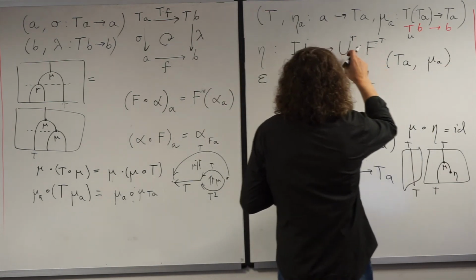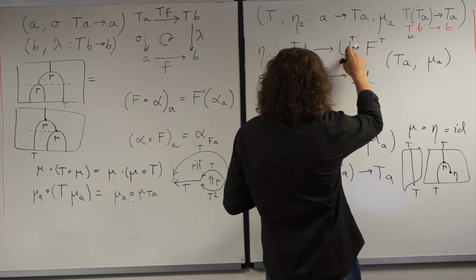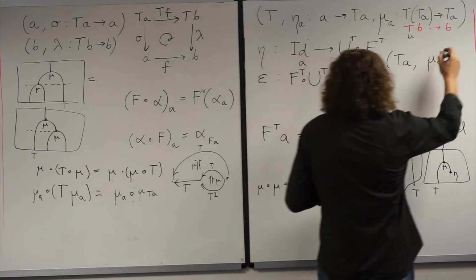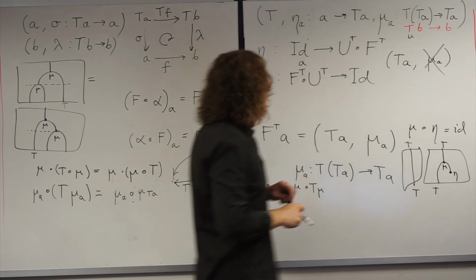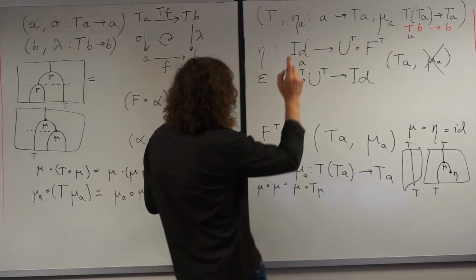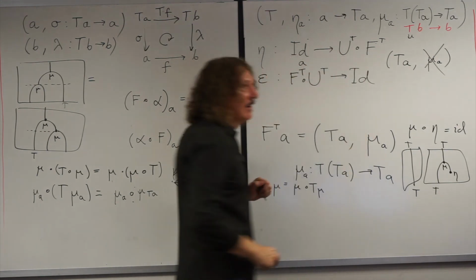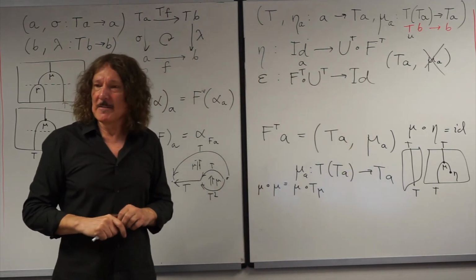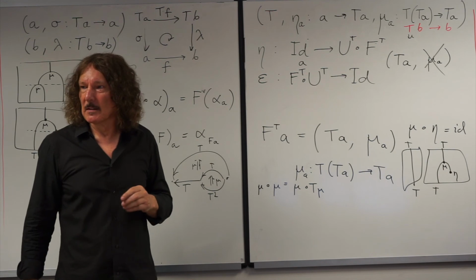Now I want to act on this with the forgetful functor, which means I'm forgetting this. So what is eta? Eta is supposed to go from A to TA. Do I have something that would give this to me?